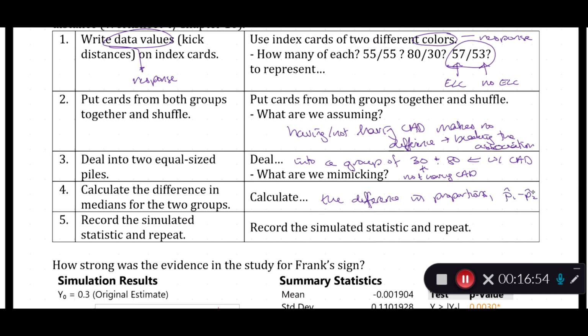I want to know, after I've done all this dealing out, what is the proportion of people in the CAD group versus the proportion of people in the no CAD group that have ELC and not ELC. So basically, what is the proportion of black index cards in both of these two groups of CAD and not CAD? I'm going to record that simulated statistic, and I'm going to repeat this 1,000 times.